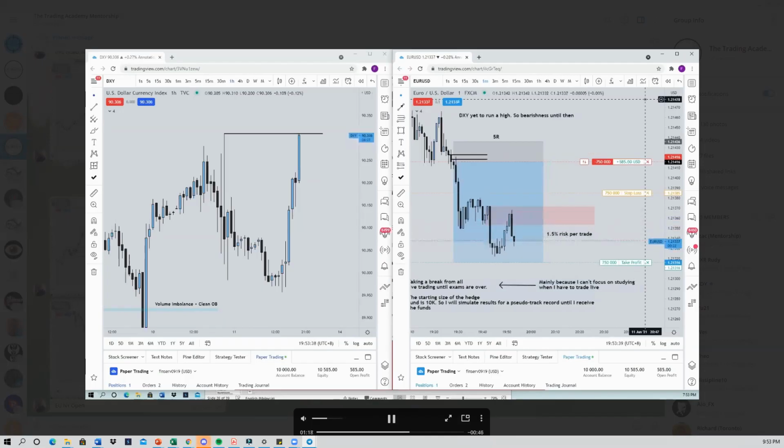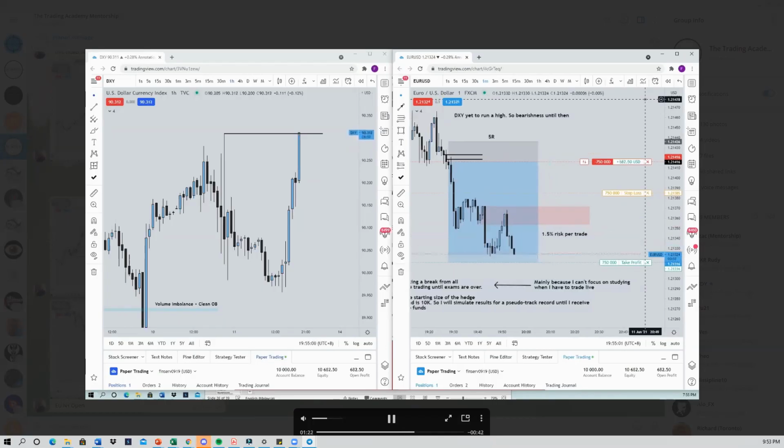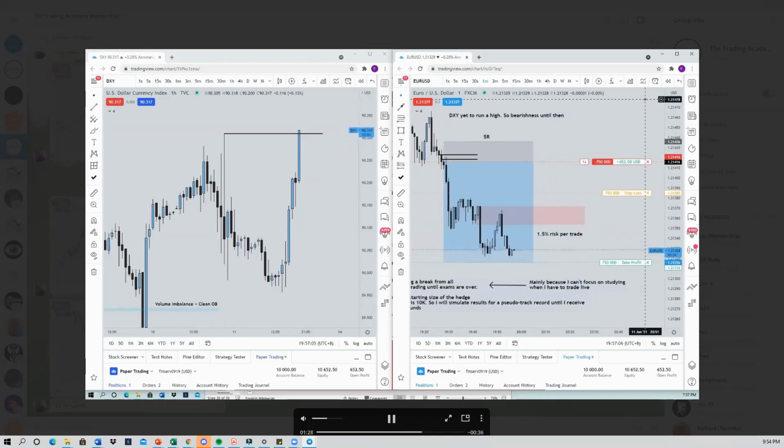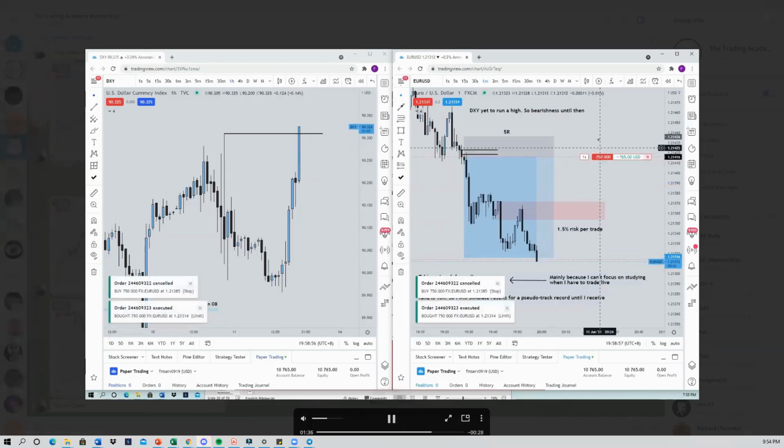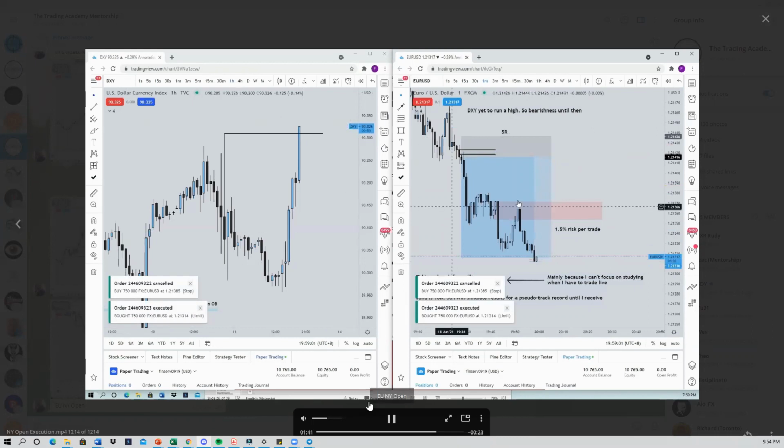Okay, so see the almost instant reaction, and take profit, almost about to get it. There you go. Okay, so we took profit as soon as this guy also went higher.